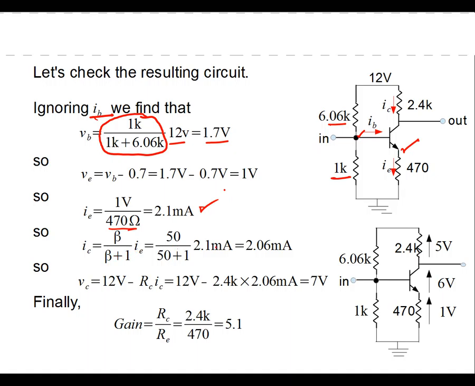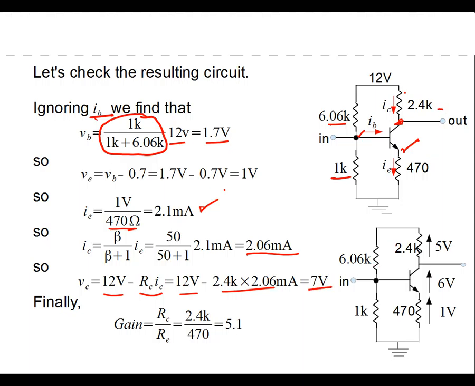And so now we go through, and in this case, I'm not ignoring beta or the 1 plus beta thing. So we do it formally, and that means we need about 2.06 milliamps through the collector. If we have 2.06 milliamps to the collector, then we find that the potential of the collector, which is right here, is going to be 12 volts minus the potential drop across the collector resistor, and that's about 7 volts.